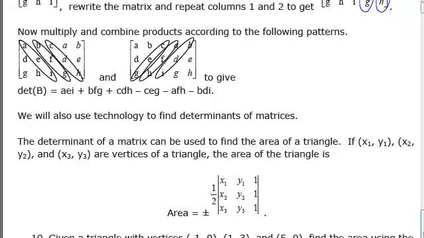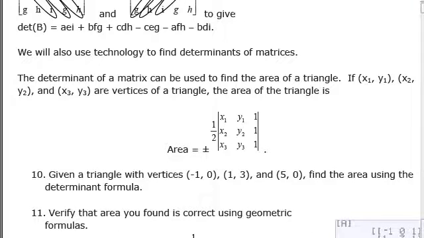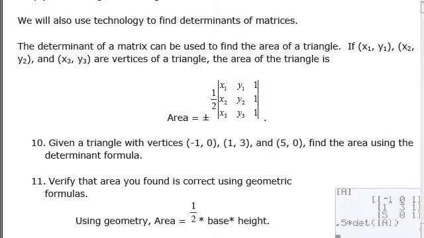And in doing so, you might be able to find the area of triangles. So for instance, remember that I made a point to recognize the representation of a determinant. When you see these bars, these lines that look like the absolute value of your matrix, that means you need to find the determinant.